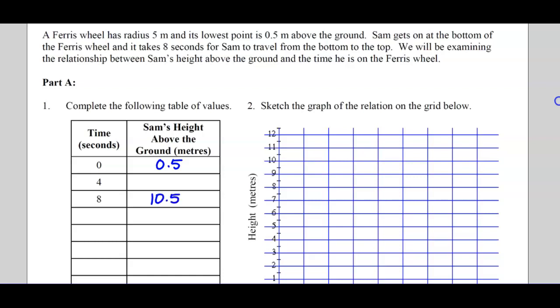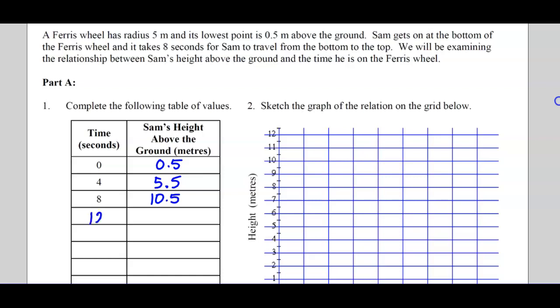I think someone said 5.5. Okay, so 5.5 will be after 4 seconds. We're assuming it's rotating at a constant rate. So at 4 seconds, he will be at the same height as the center of the Ferris wheel, and that will be 5.5.